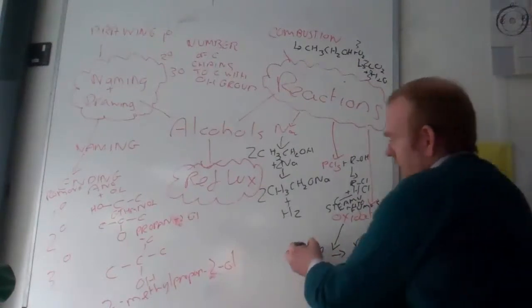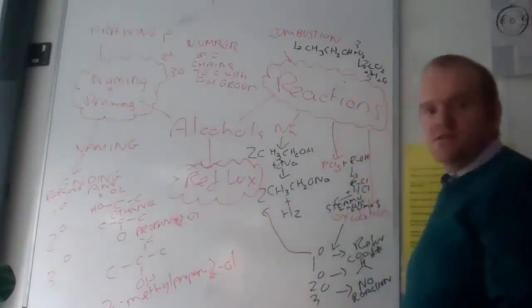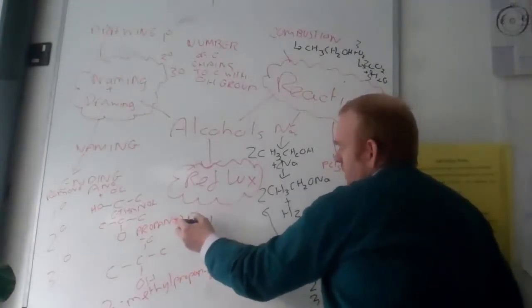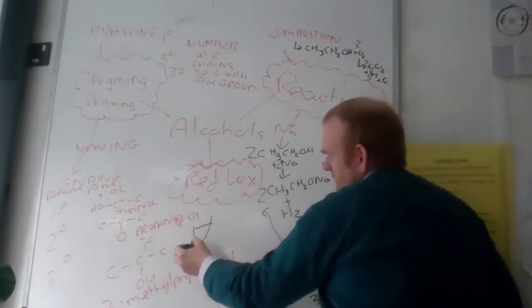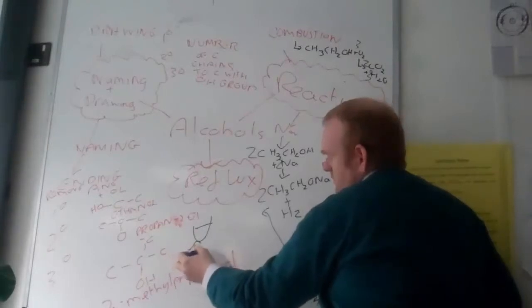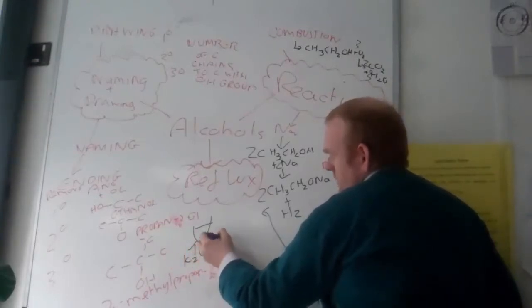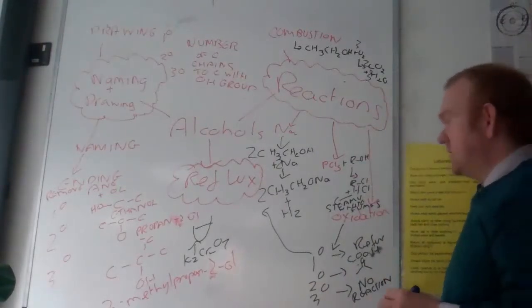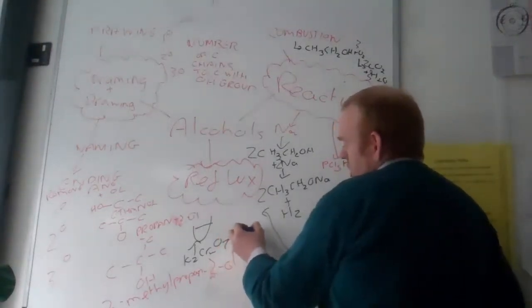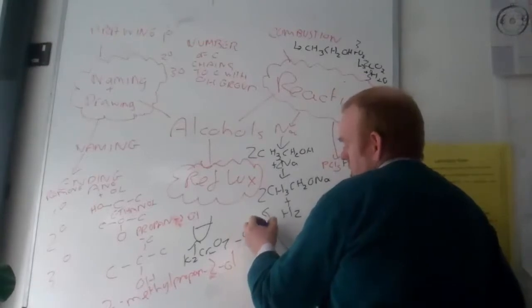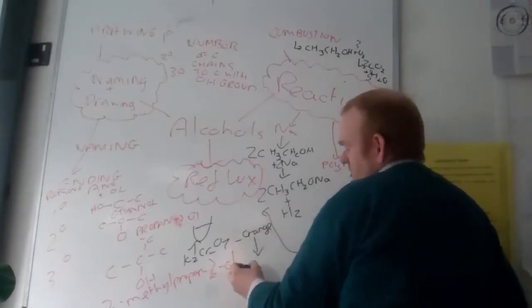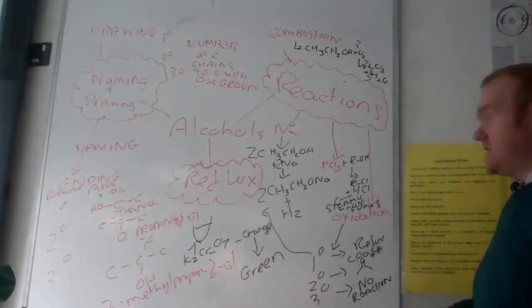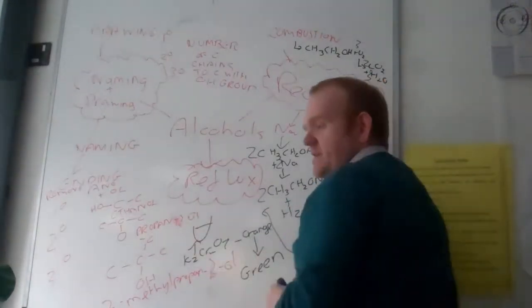So we can link this in to reflux, and we can see that if we have some potassium dichromate in my round bottom flask, that normally is orange. Once the reaction is complete, that goes green. Okay, so I know the reaction is complete.